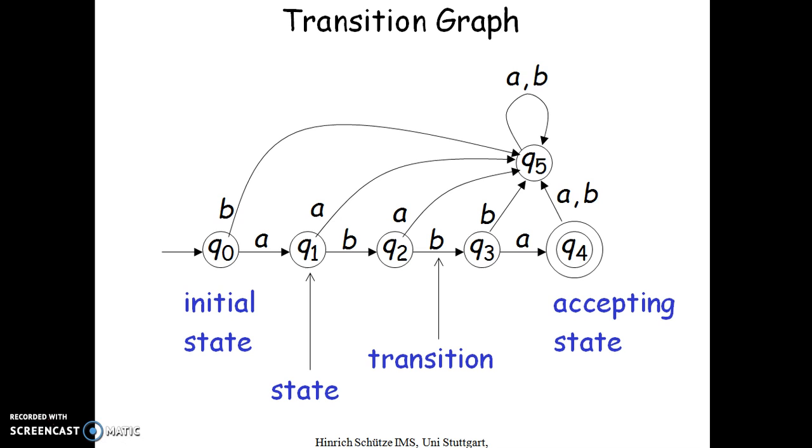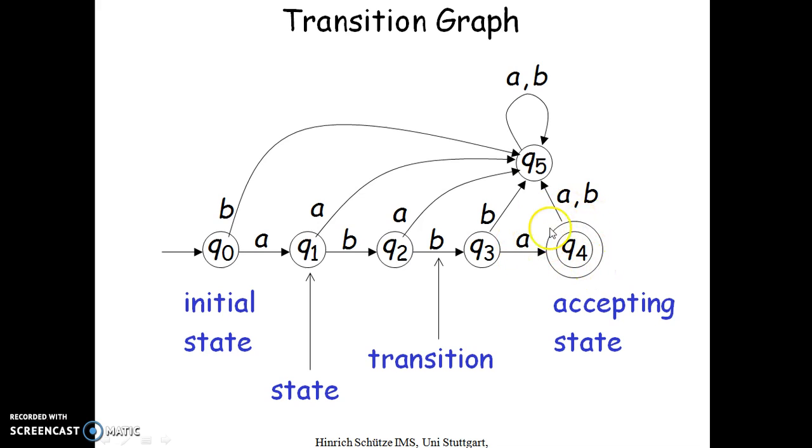Now we'll see the finite automata representation. The representation is a state diagram where Q0 represents the initial state, and each circle Q0, Q1, Q2, Q3, Q4 and Q5 represents a different state. The arrow marks the transition from one state to another on reading the input.